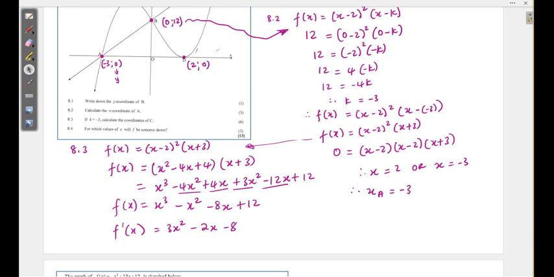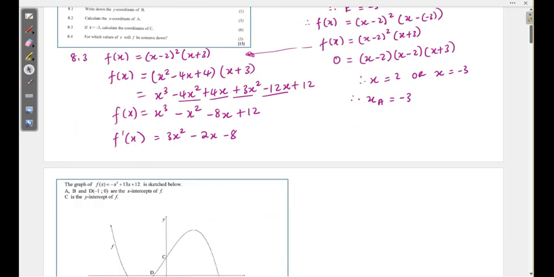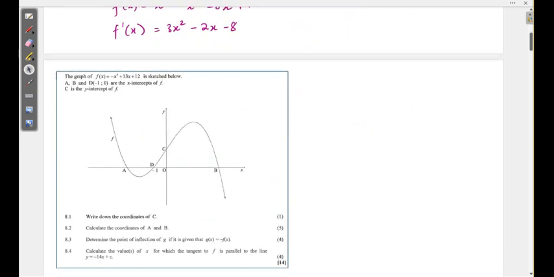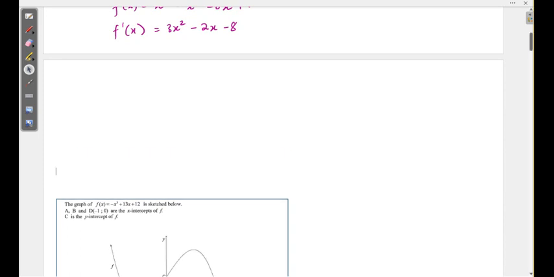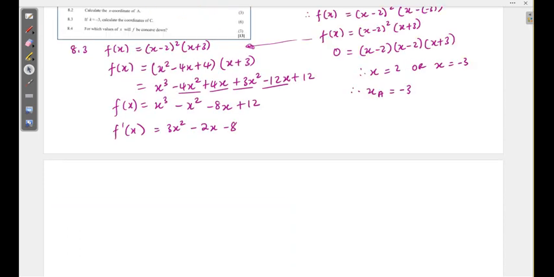Then when you find the derivative, remember you will equate it to 0. So I'll equate it to 0, right? At the turning points, the derivative is 0: 3x squared minus 2x minus 8. Then you can use your quadratic formula to get the x values.